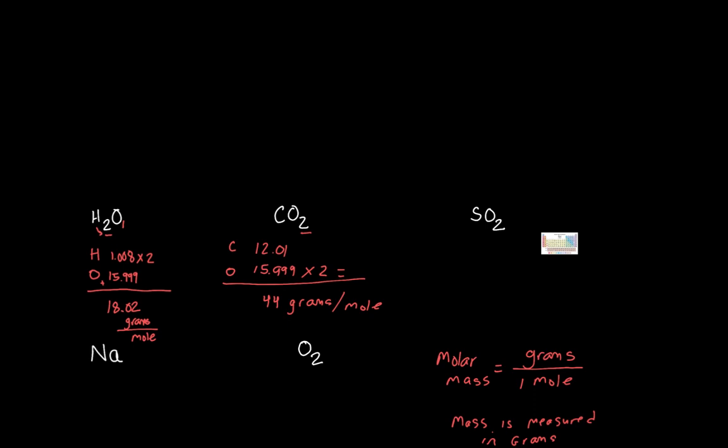So for sulfur, 32.066. There's 1 sulfur. And then for oxygen, it's 15.999, and it's times 2. We can add these up.